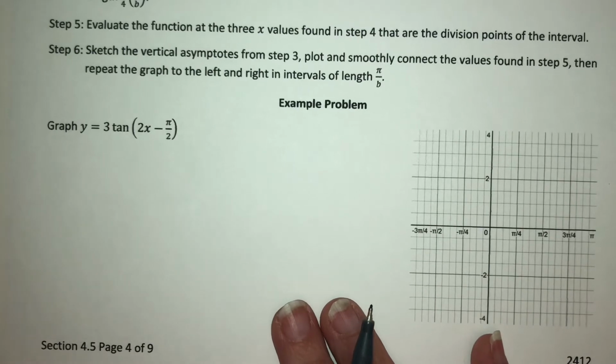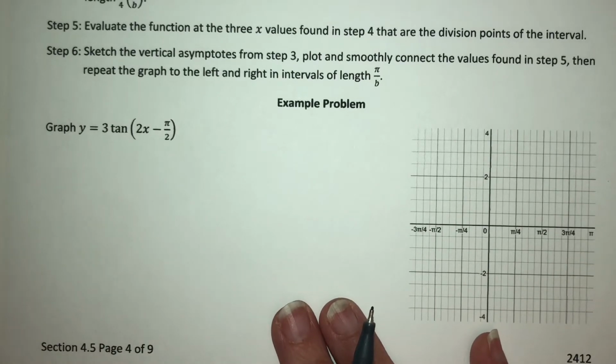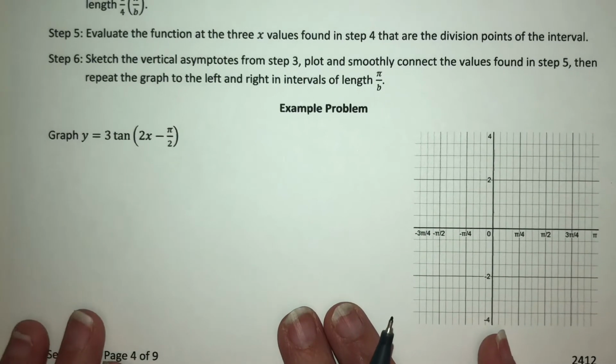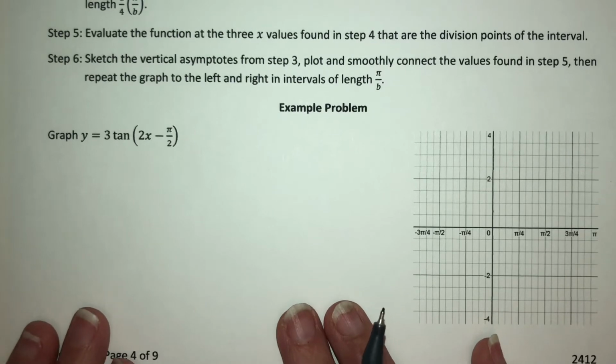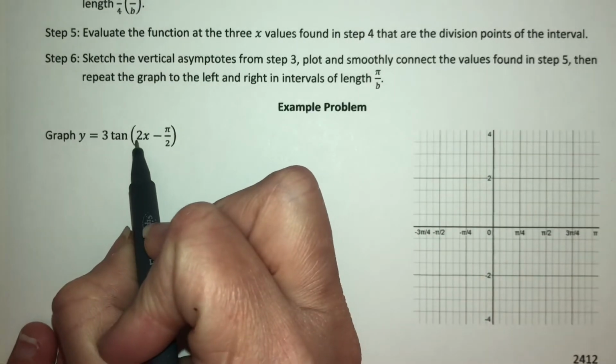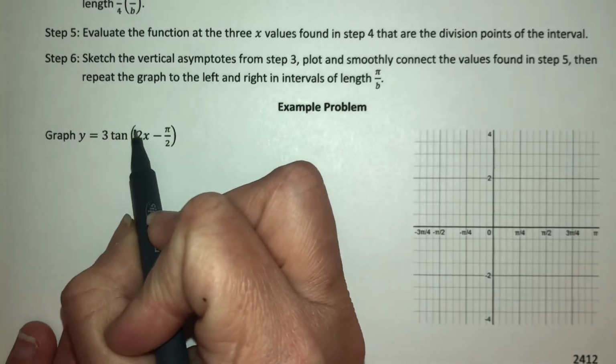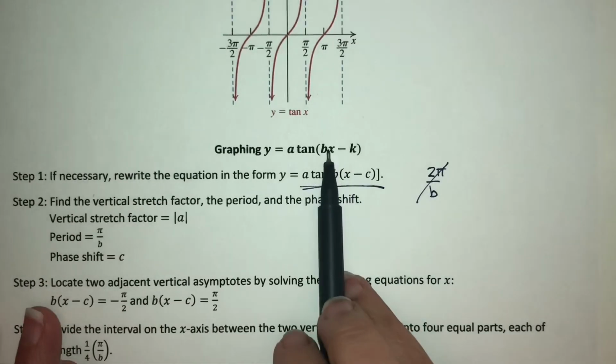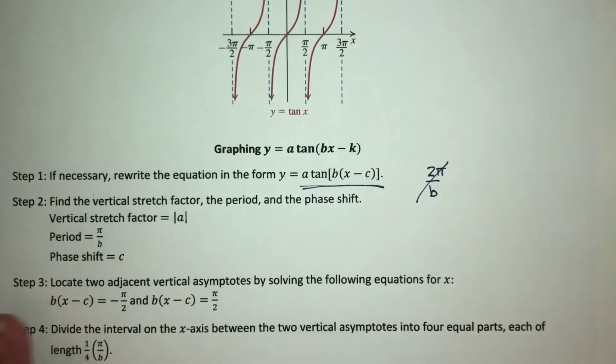We want to graph y is equal to 3 times tangent of 2x minus pi over 2. Well, the first thing I need to do is get this value right here on the outside. So I'm turning something that's in this form into this form.